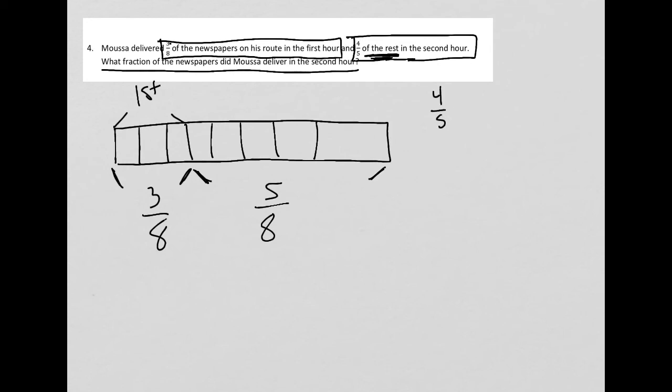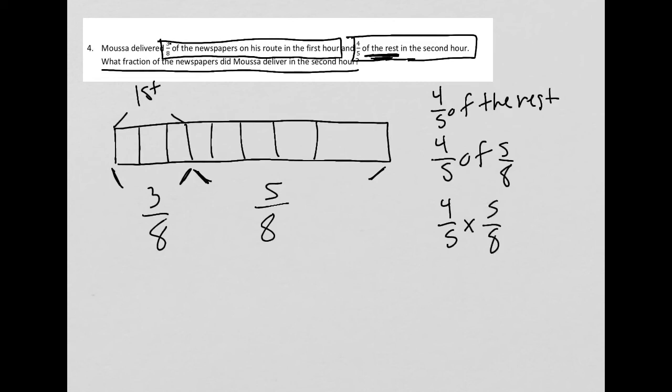And so I'm doing 4/5 of the rest, and we know the rest is 5/8, so it's 4/5 of 5/8. If I was going to do this numerically, I know I can sub out that "of" and do 4/5 times 5/8, because it's 4/5 of the rest of them.